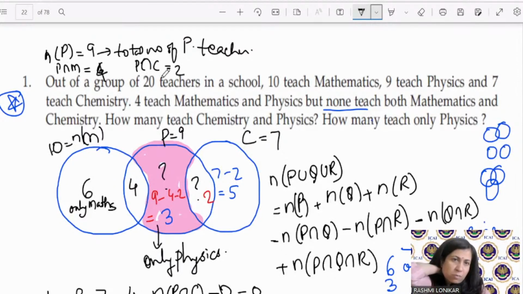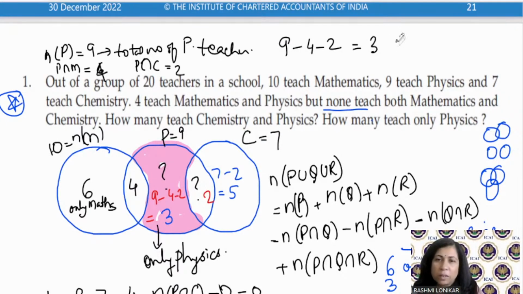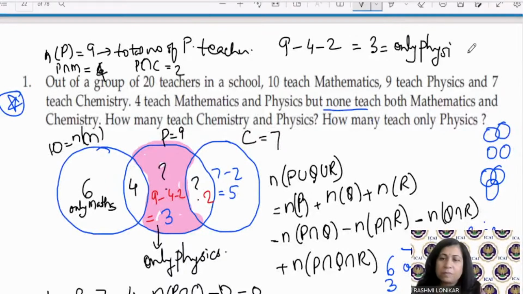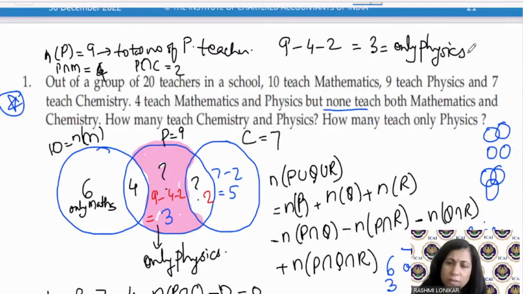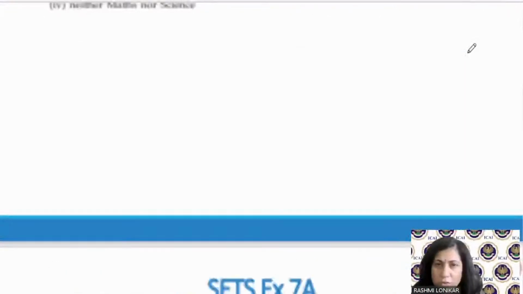Physics and chemistry, number of teachers from formula we found out 2. So out of the total 9 teachers, when I subtract 4 and 2, 9 minus 4 minus 2, this is equal to 3. So without a Venn diagram also you can calculate, this is only physics. That is only for your understanding. Even just by the formula you will be able to do it. Understood, Dhruv?